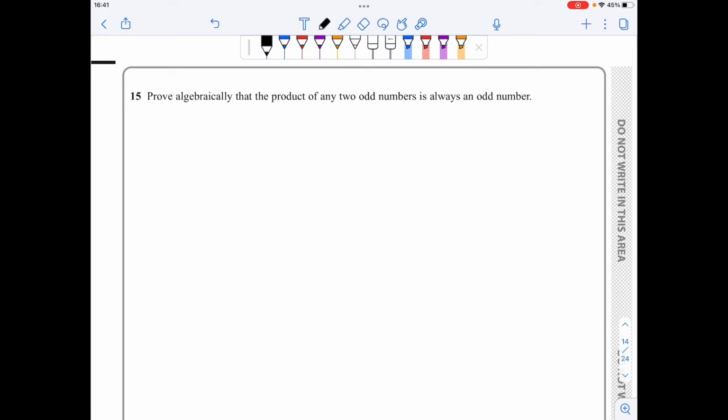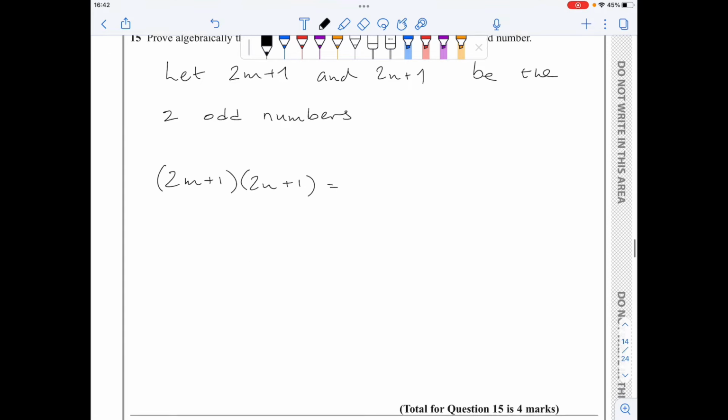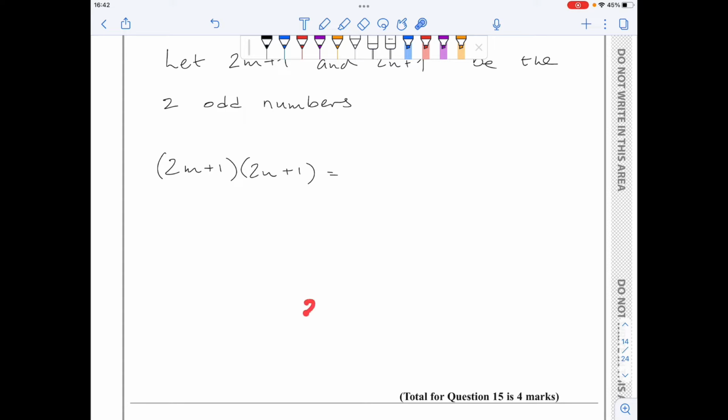For question 15, note that the two numbers are not necessarily consecutive. So I'm going to use the following to represent the two odd numbers. If I multiply them, I get 2m plus 1 times 2n plus 1. And now, if the result is an odd number, I should get something like 2 times something, whatever that something is, and then plus 1.